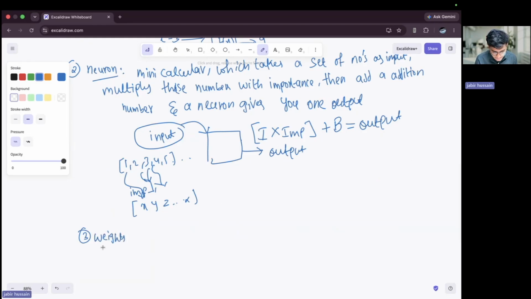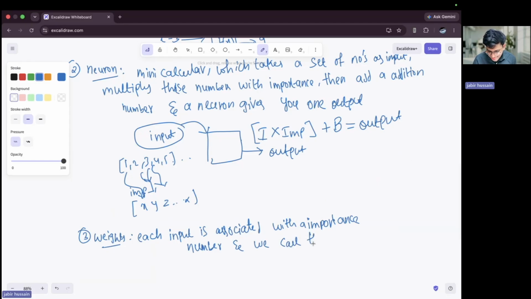Okay, so each input is associated with an importance number, and we call these importance values the weights of the given input.